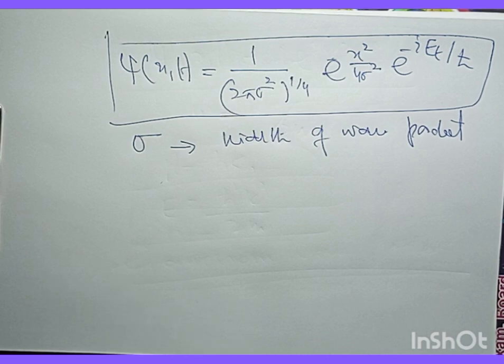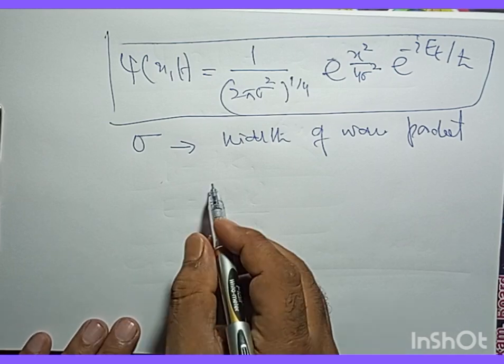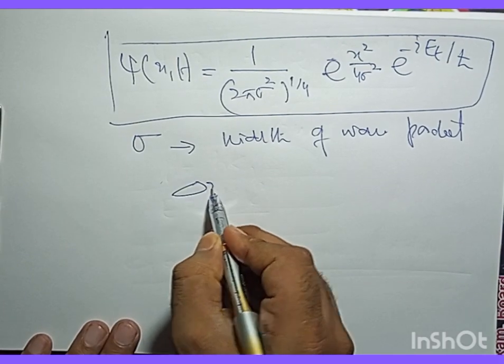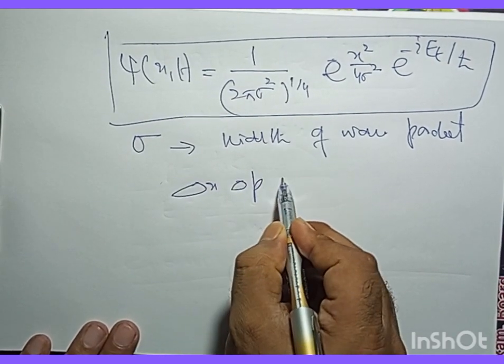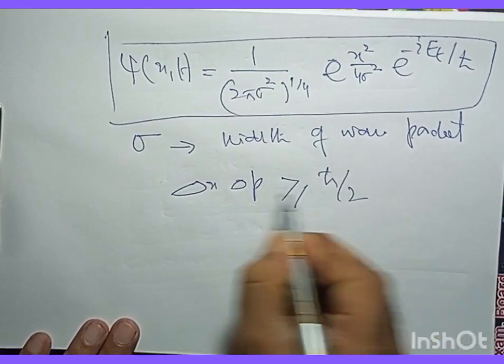And we have another important principle that's quite often utilized in quantum mechanics, and that's the uncertainty principle. For the free particle, this uncertainty principle can be written as delta x delta p is greater than or equal to h cross by 2.